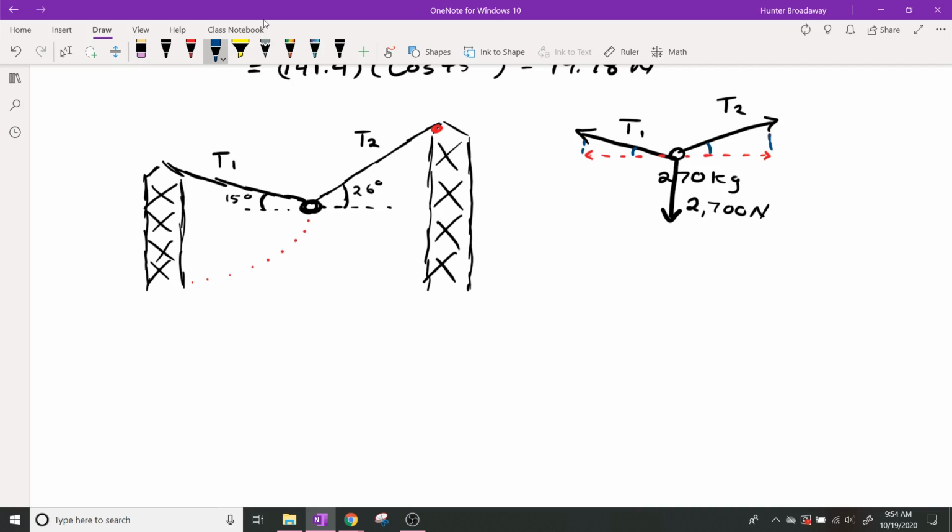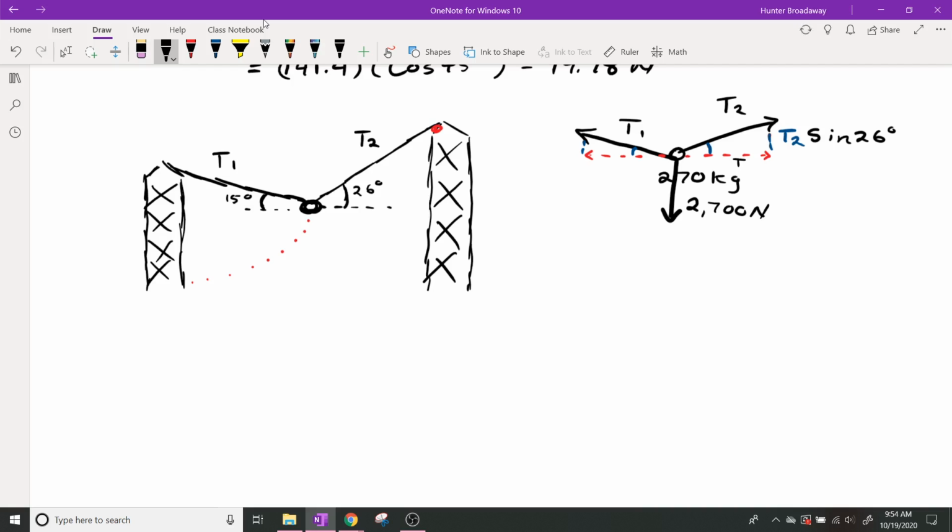There is an angle here. This one up top will be T2 sine theta. Actually, I guess I'll just go ahead and say sine 26, because if I say theta for both, that might not work out so well. So that's T2 sine 26.